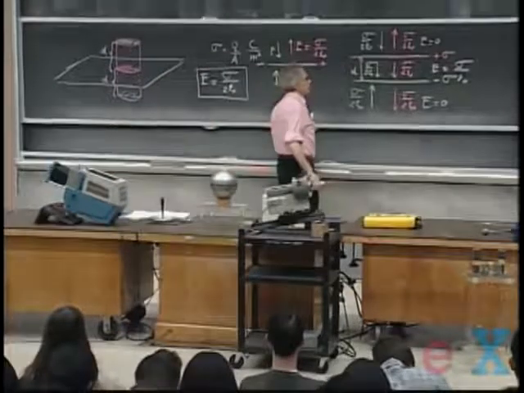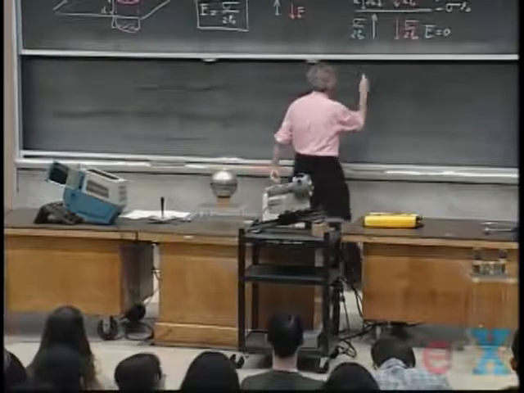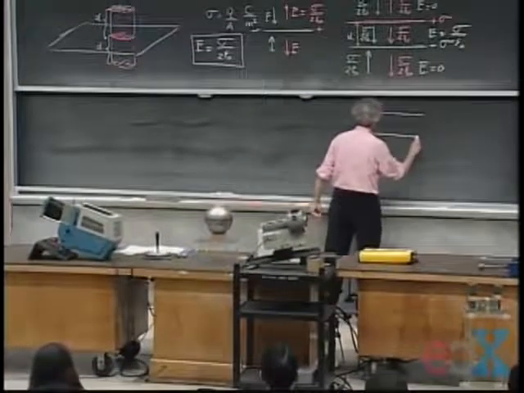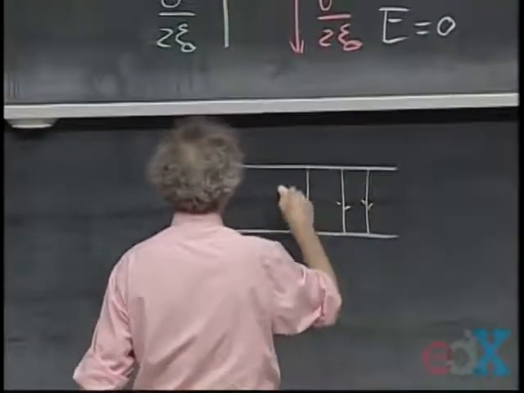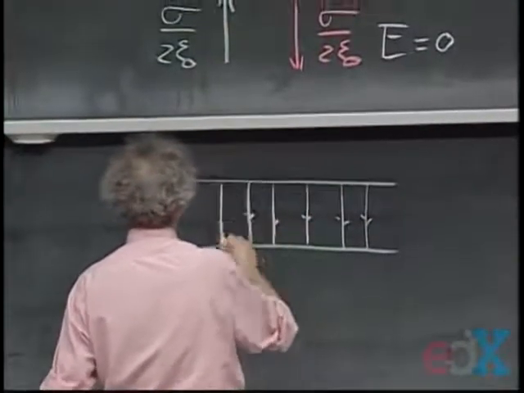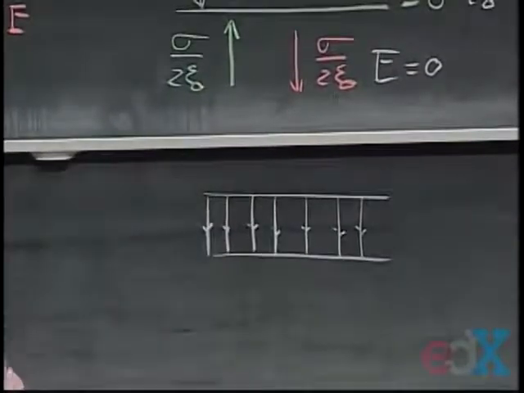And so if I have to draw the field lines in a situation like this, the field lines would be like so, if the upper plate is positive, and the field in here would be the same everywhere, and outside it would be 0 and 0 here.